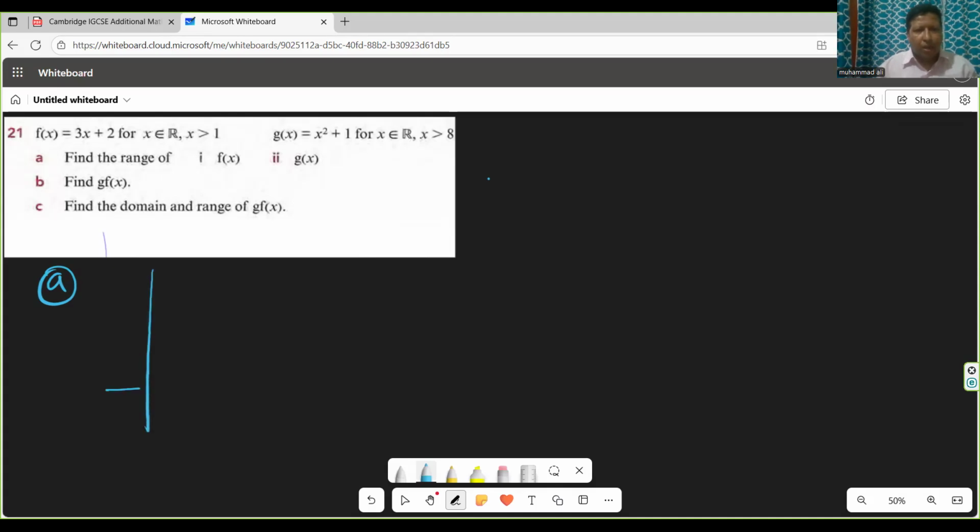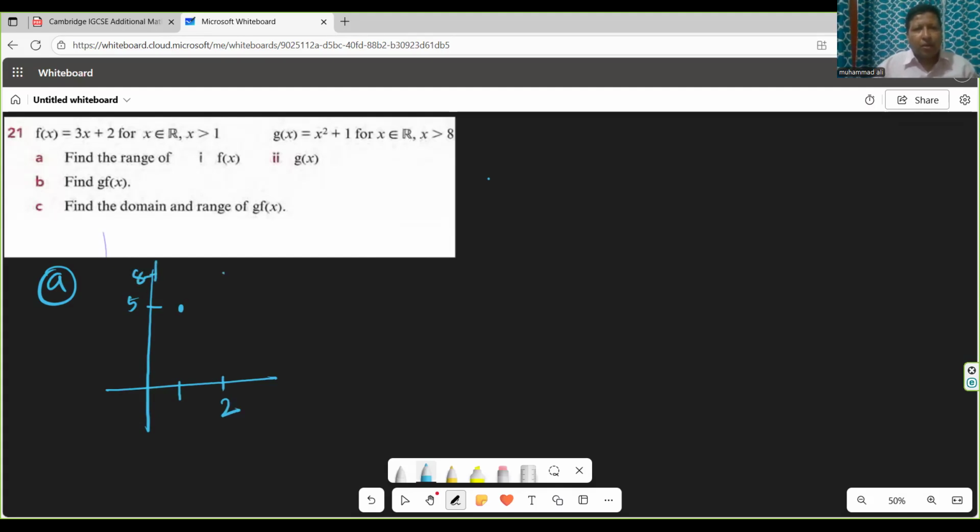So here, when x equals 1, f(x), meaning y, equals 3 ones are 3 plus 2, that is 5. When x is 2, it will be 3 twos are 6 plus 2 is 8.